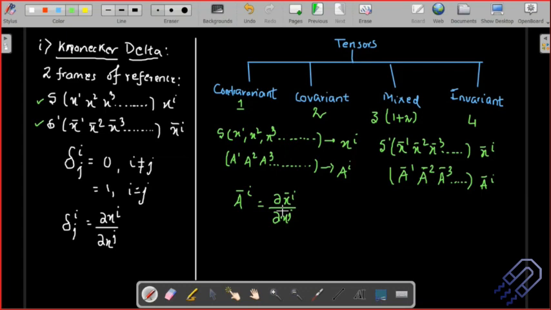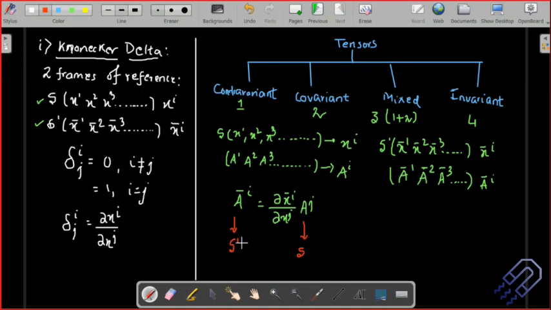Okay, so it's basically a partial derivative, because you know that this can be a function of different x's, x1, x2, x3 and so on. So if I take this xj and aj, and if I want to represent this, you know that this is in the S prime frame and this is in the S frame.